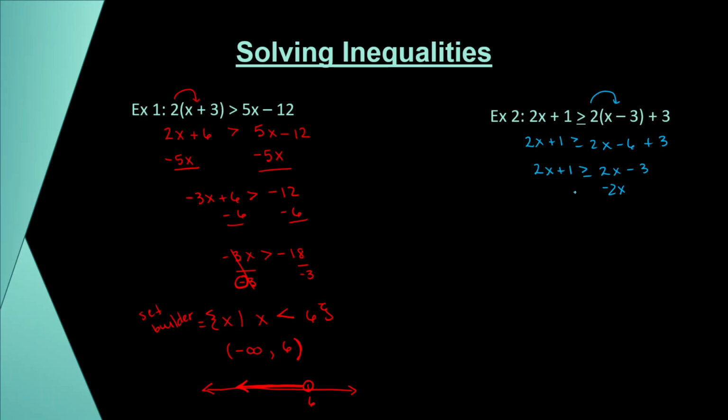So when I try to get them together by subtracting 2x, I notice they cancel on both sides. And I'm left with 1 is greater than or equal to negative 3. Well, this is false. Or is it true? That's the question. So if I look on a number line, 1 is greater than negative 3, so this is always true.